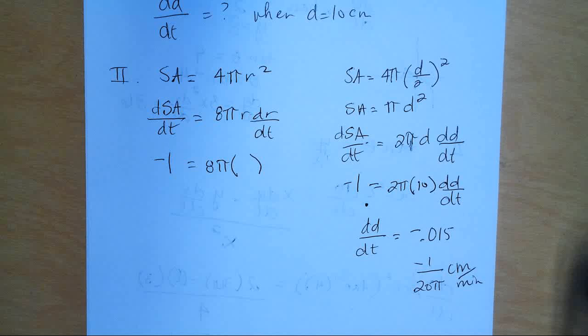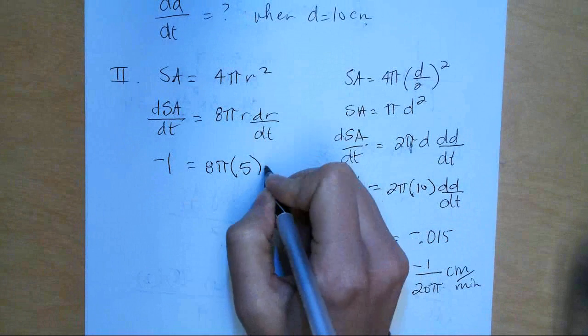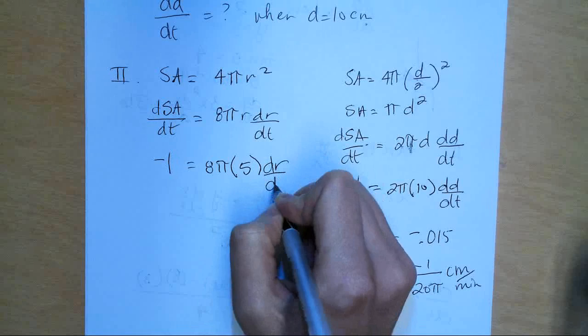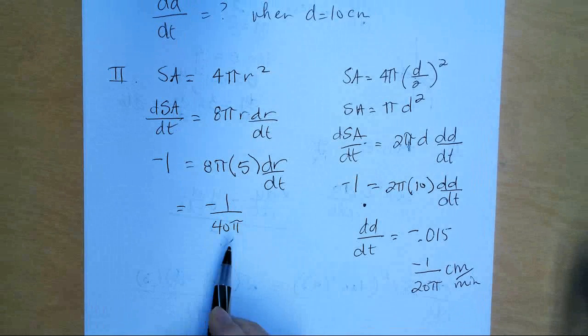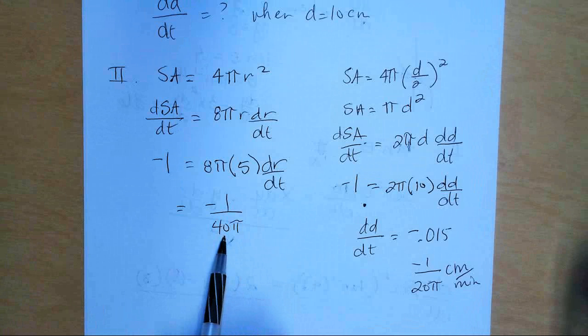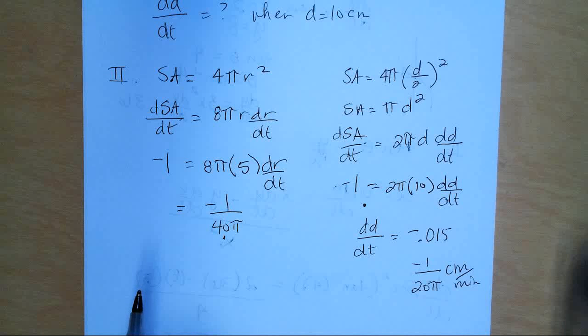Or wait, what are you talking about? Okay, this is the rate at which the radius is changing. If you multiply that by 2, you get the diameter. You could have done that, yes. Not divide. Okay.